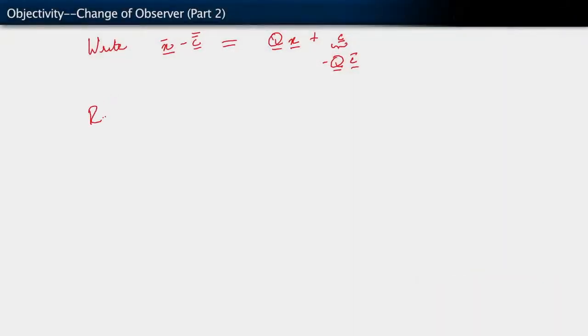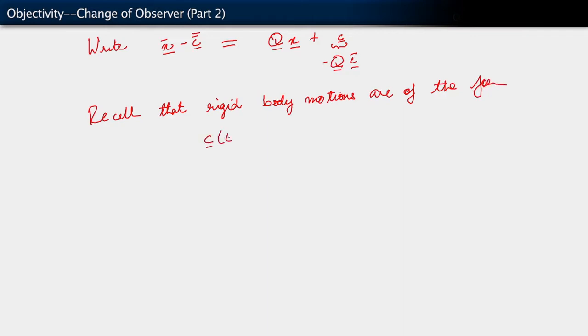So recall that rigid body motions are of the form c, a function of time maybe, plus Q, also a function of time, times X. When we studied rigid motion, this is exactly what we did.